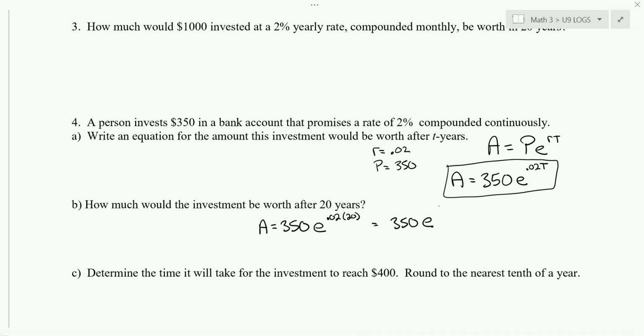And you get 0.4. And then you find out, well, what is e to the power of 0.4? And then times that by 350. And I get $522.14.